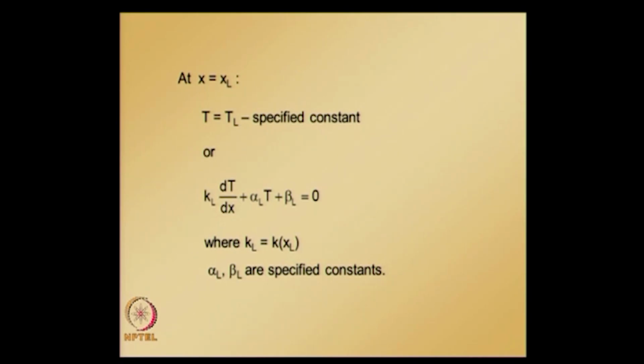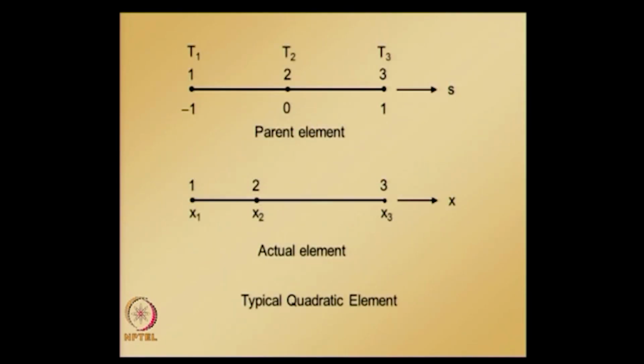So now let us look at a typical quadratic element. Both parent element and actual element are shown. In parent element, node 1 is placed at s is equal to minus 1, node 2 is placed at s is equal to 0, node 3 is placed at s is equal to 1, whereas in the actual element x1, x2 and x3 are the coordinates of nodes 1, 2, 3.